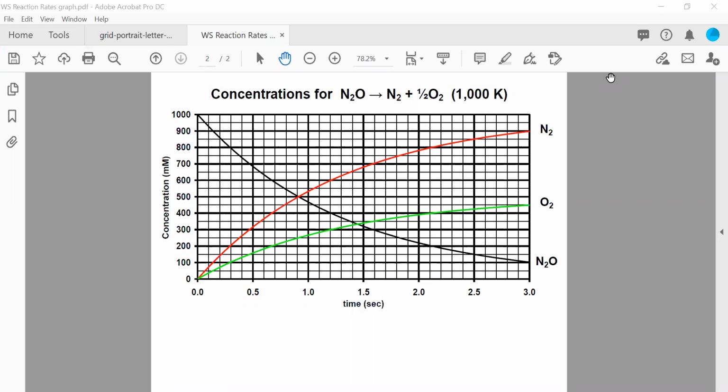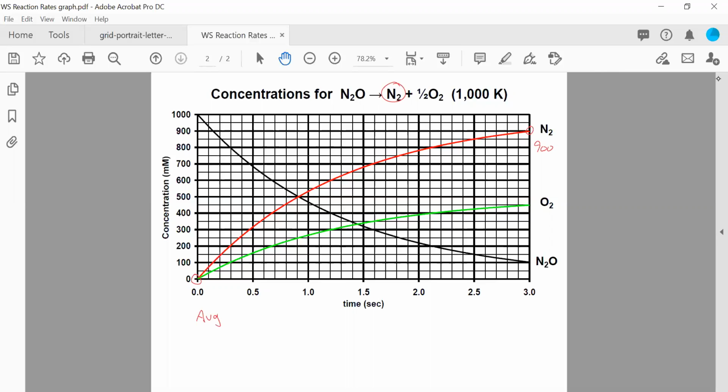We can find that pretty easily on a graph like this, which shows the concentrations of different substances at different times. For example, if we wanted to look at the rate at which N2 was produced, we could simply look and say that over the course of the entire reaction, it increased from 0 to 900 over the course of 3 seconds.